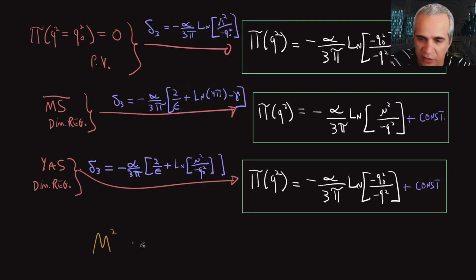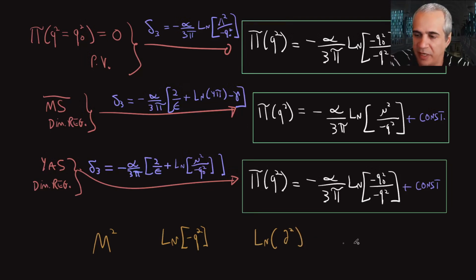The only thing, and this is very important, the only thing that cannot ever be absorbed in the counterterm is this log of q square, right? Because this would be, in a Lagrangian, the log of a derivative square times some operator, and this is a non-local term.